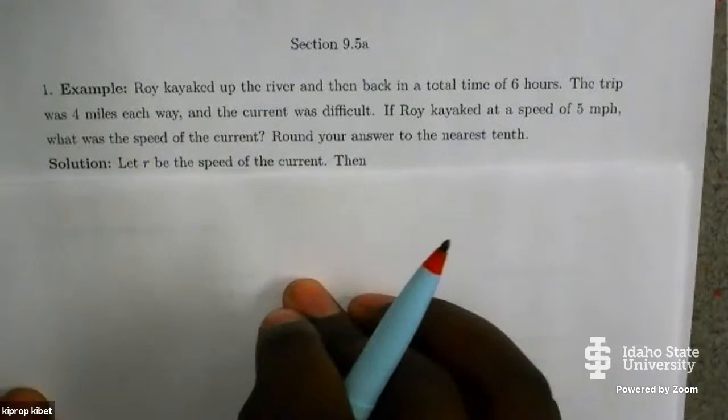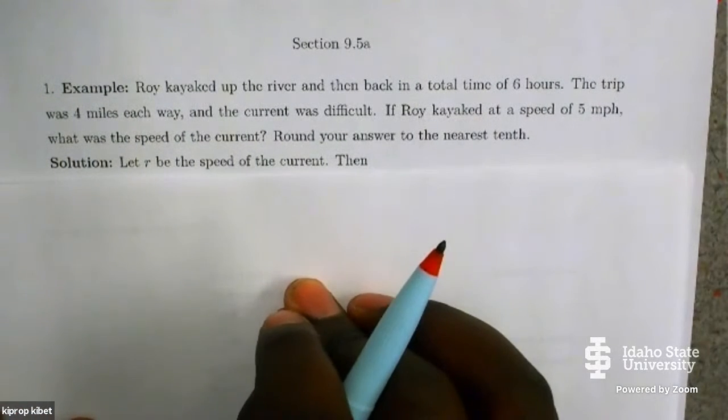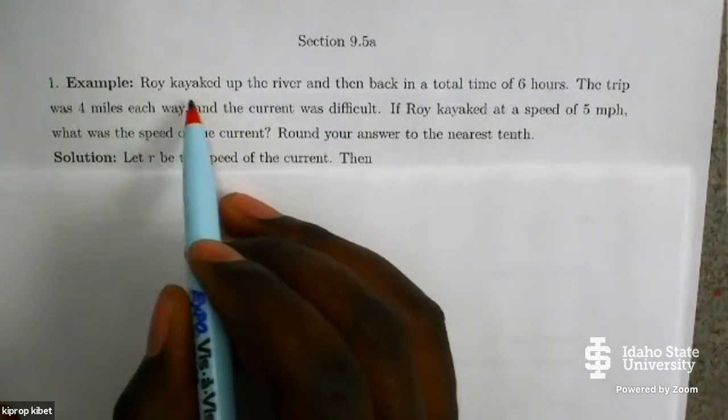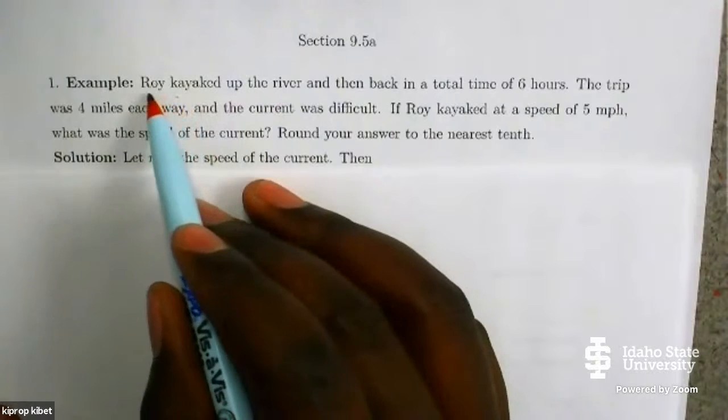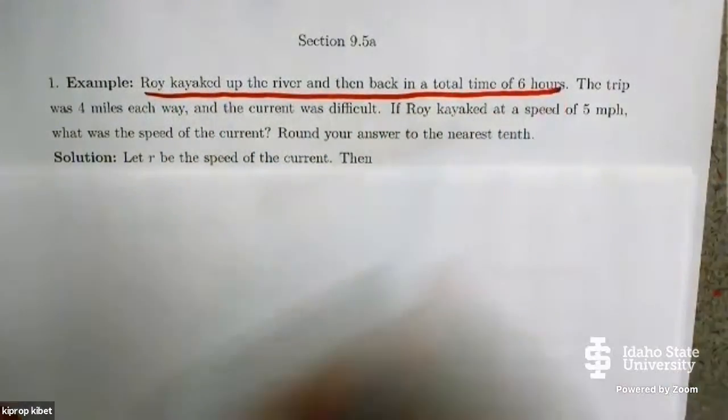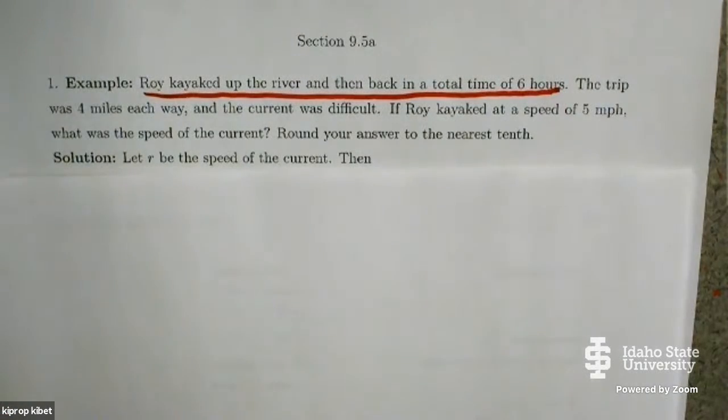So we read the question. After reading it, we know this guy went down the river, right? And then back with a total of 6 hours, right? So to and from is 6 hours.